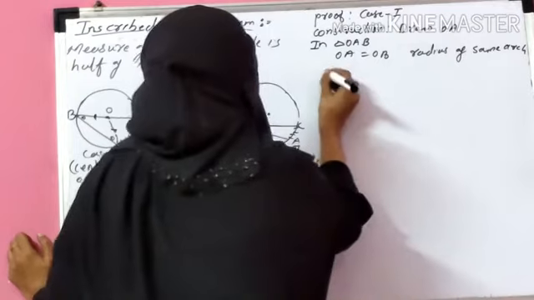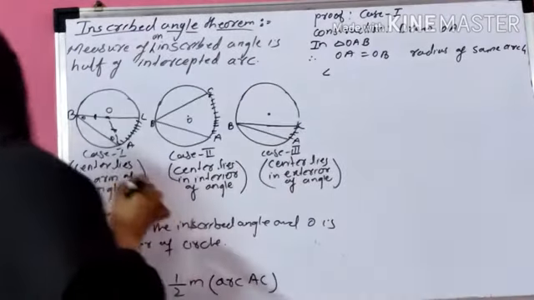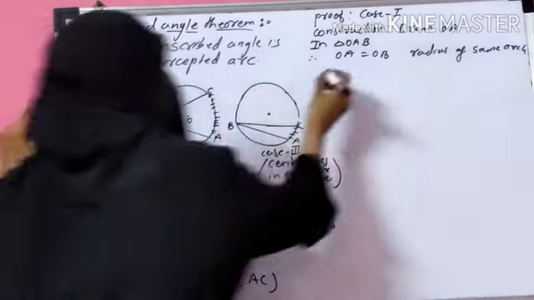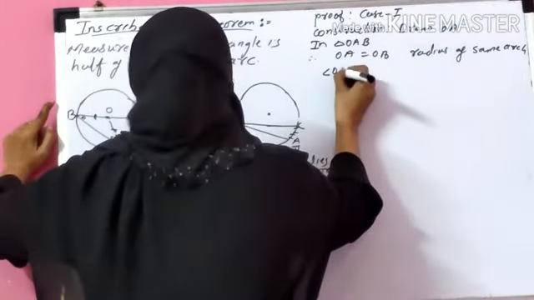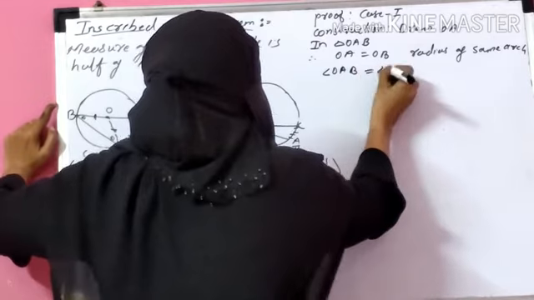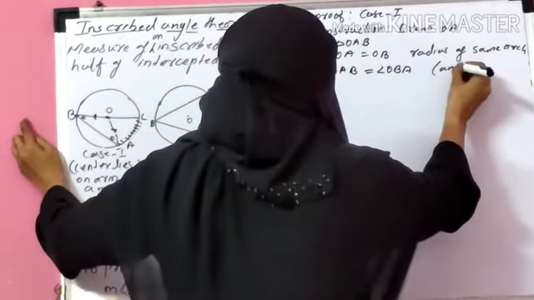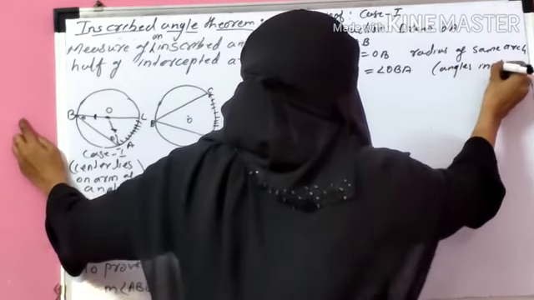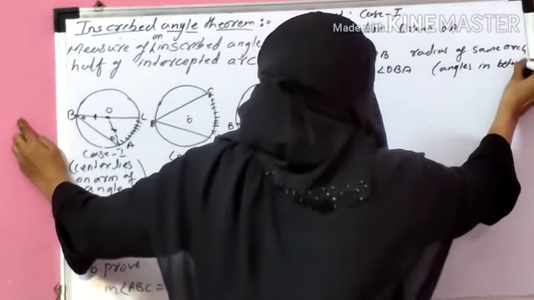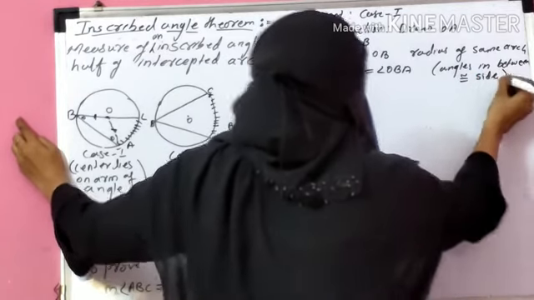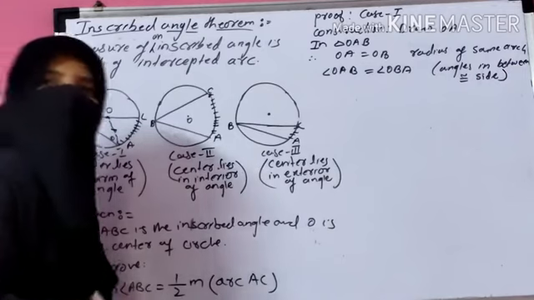Therefore angle OAB is equal to angle OBA, by the isosceles triangle property.